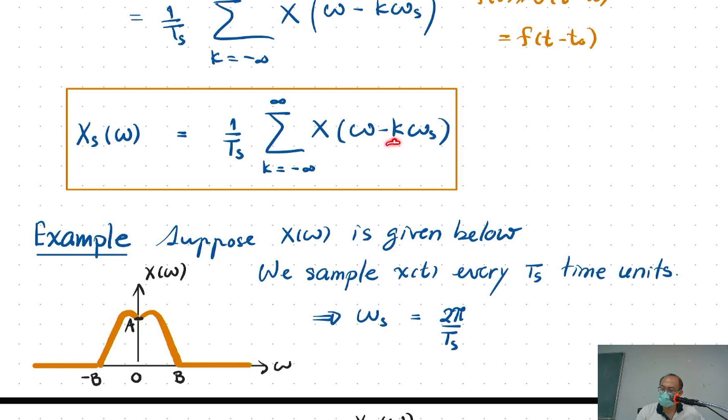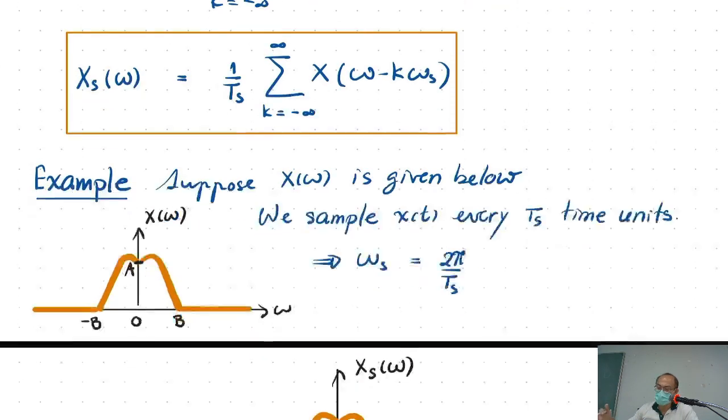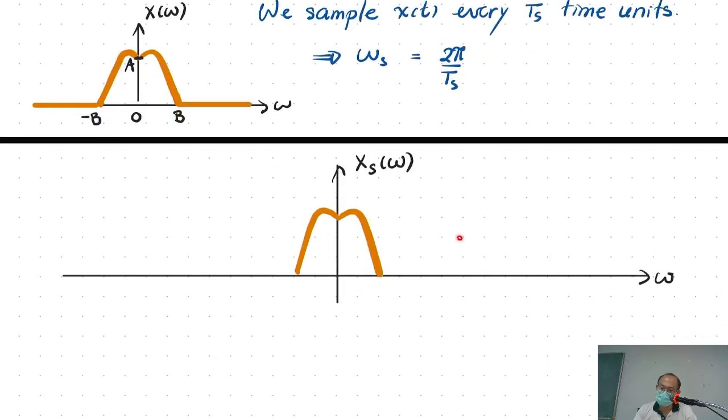When k equals 1, it would be x of omega minus omega s. So it is x of omega shifted to the right by the amount of omega s. So when k is equal to 1, I have this shifted version to the right, right? This is when k equals 1. This is k equals 0.